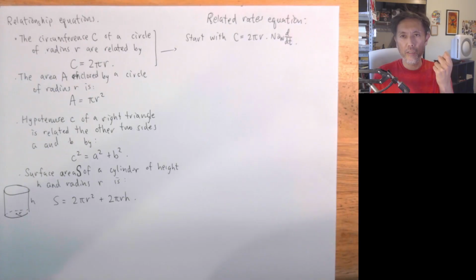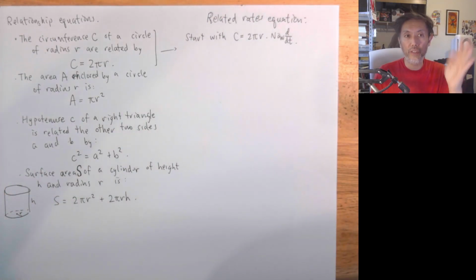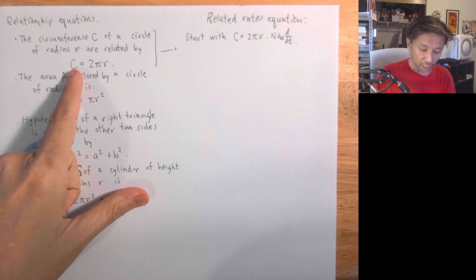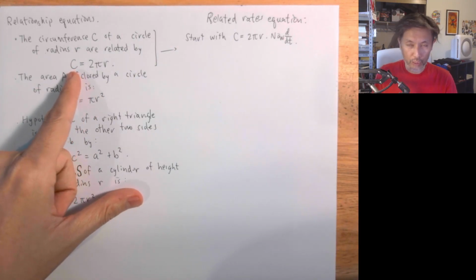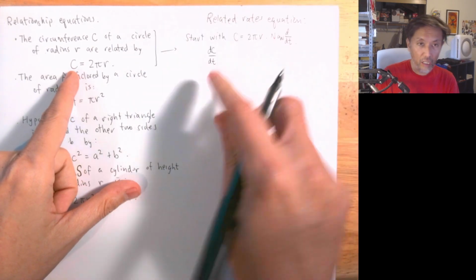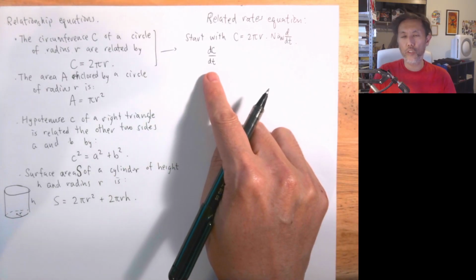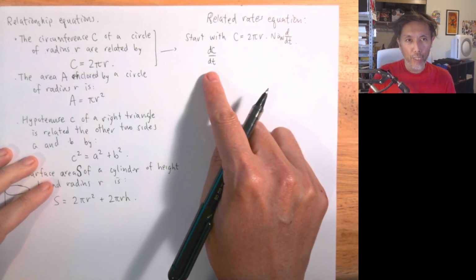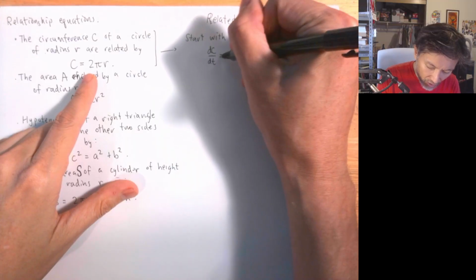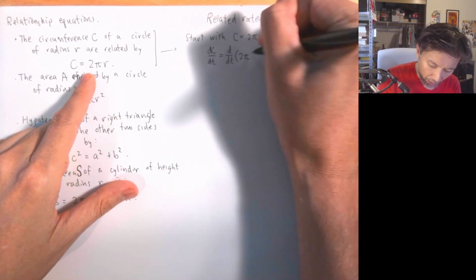Time, did you know the first letter of the word time is t, which is why I'm using t as the thing that I'm taking the derivative with respect to. So if I take the derivative of C with respect to t, what I get is dC/dt, which is naturally interpreted as the way in which circumference is changing as a function of time. And if I apply d/dt to the other side, I get d/dt of 2 pi r.